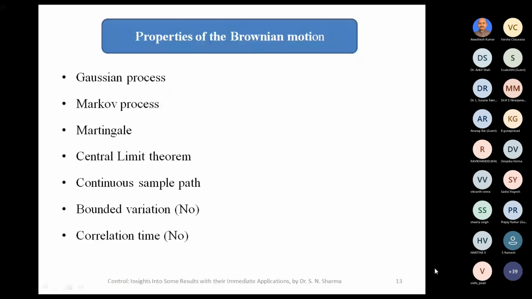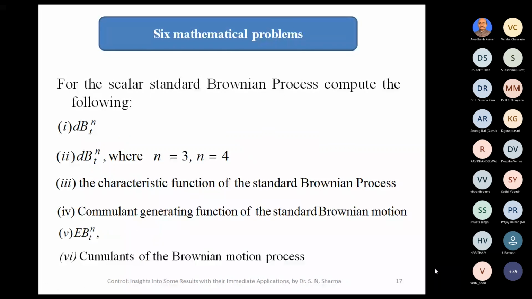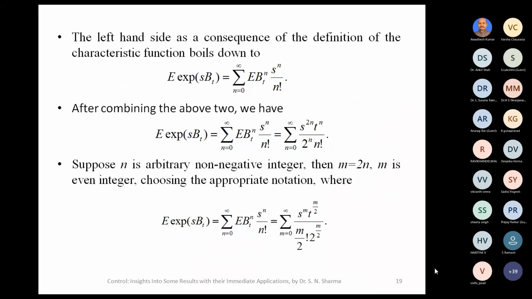So these are the properties of the Brownian motion process. It needs a different class and lecture, as these are the mathematics behind it. I will not discuss much more, but there are certain calculations, moments you can say. If some other talk is there, we can discuss it later.